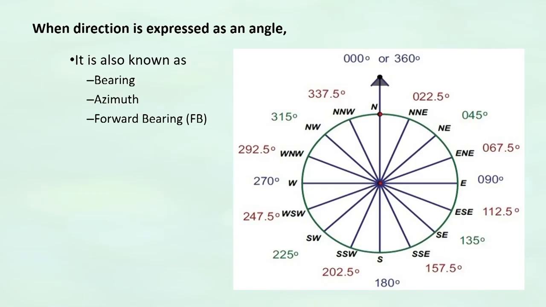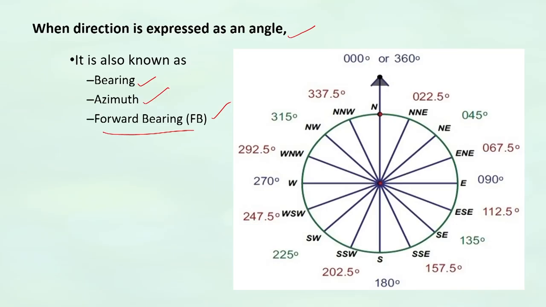So, when a cardinal direction is expressed as an angle, we can call it a bearing or azimuth or forward bearing, same. What is meant by bearing, azimuth or forward bearing? When the cardinal directions are represented in angle, these names are synonyms, right.